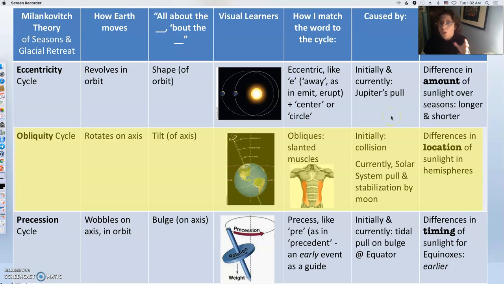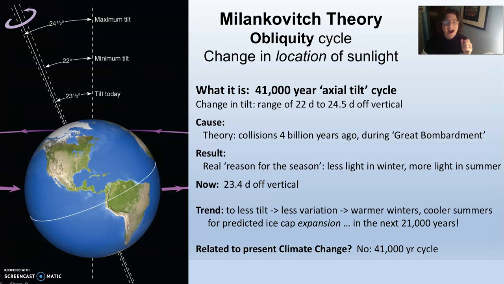We're going to explore that change from 22 to about 24.5 and its impact on the location of sunlight in the hemispheres. So let's get to that. And that is on a 41,000 year cycle to change the axial tilt of the Earth.